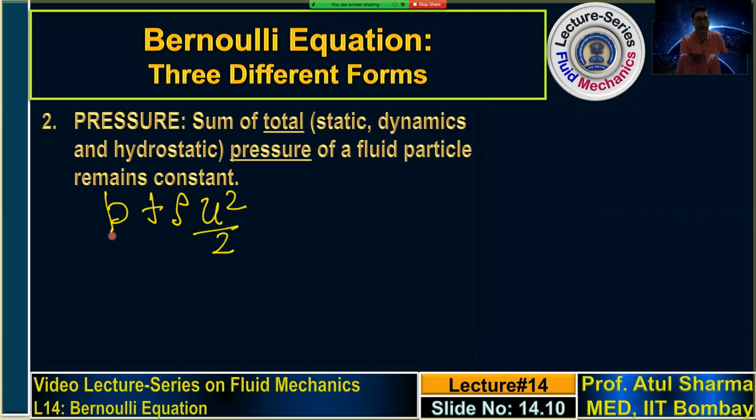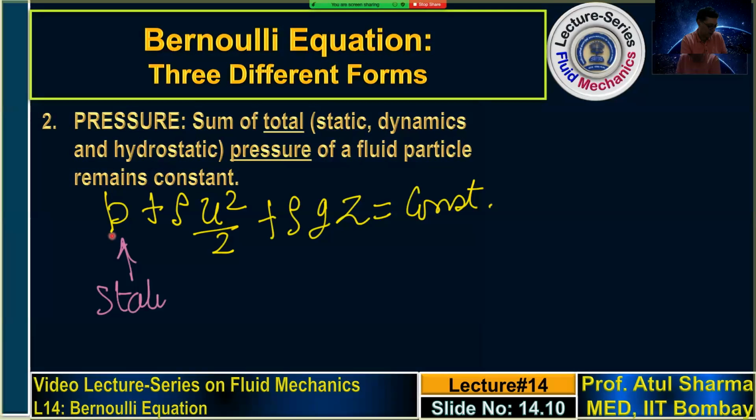Earlier I had Gz, now I write it as rho Gz, and this equals a constant. This is the pressure form, where we call the first term the static pressure, the second the dynamic pressure, and the third the hydrostatic pressure.